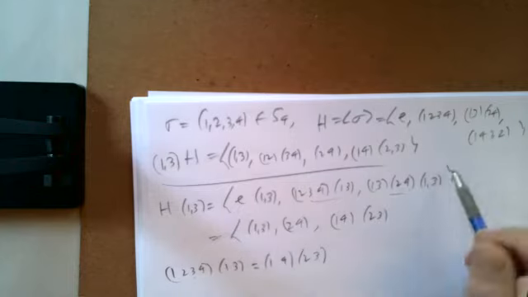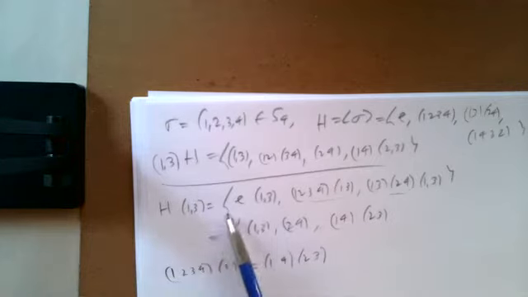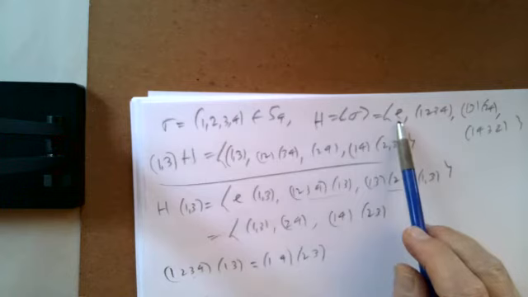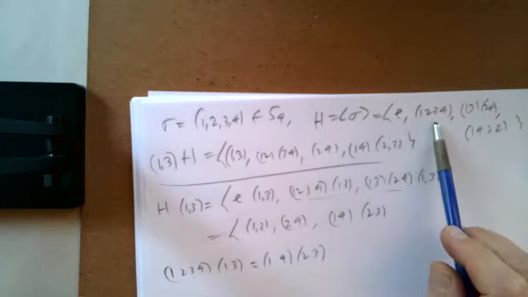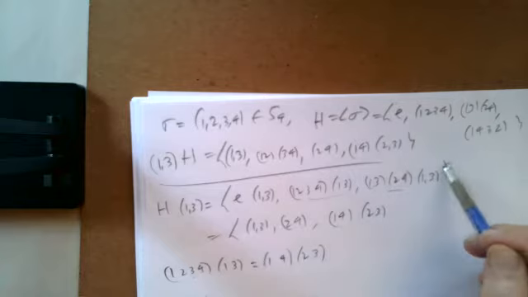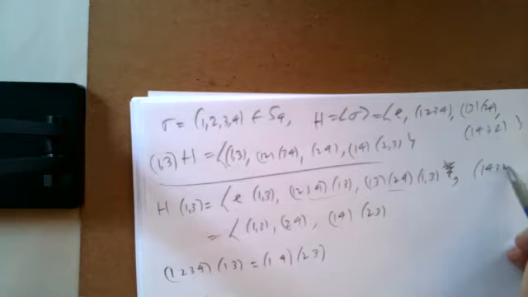Oh, I left one out, I think. So H times (1 3) is E times (1 3), (1 2 3 4) times (1 3), (1 3)(2 4) times (1 3), and (1 4 3 2) times (1 3). So I have to calculate that.